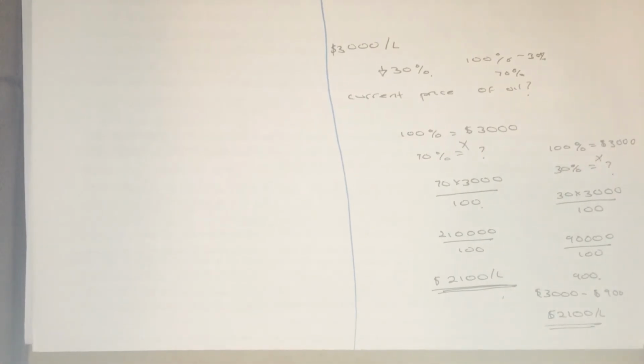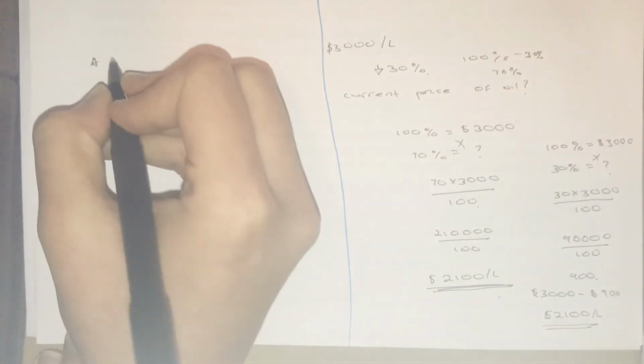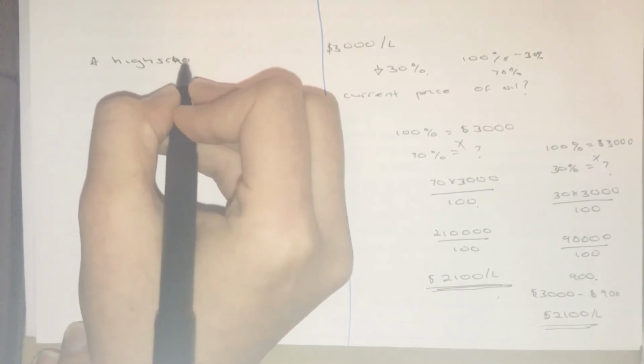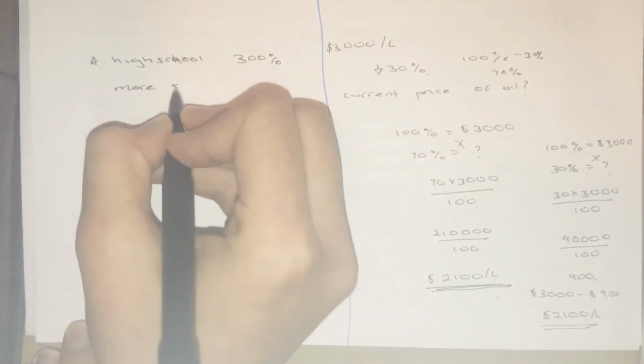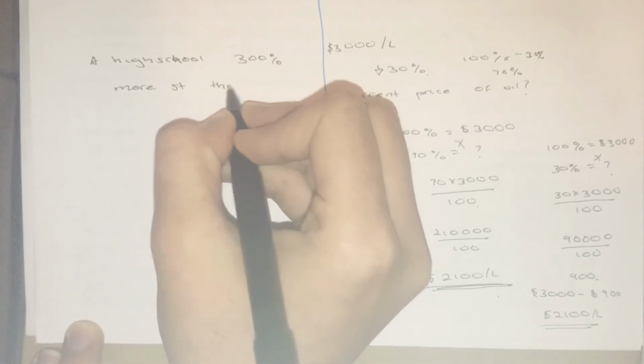Okay, so a high school has 300% more students than kindergarten.